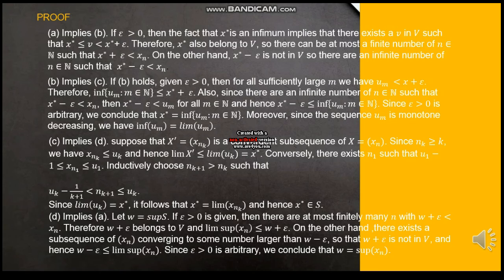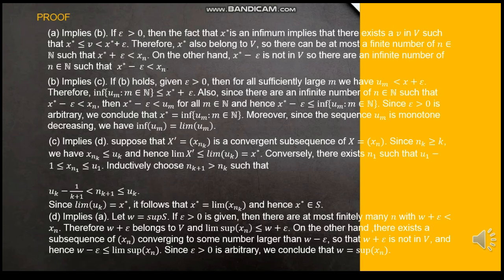B implies C. If B holds given epsilon greater than 0, then for all sufficiently large m, we have um less than x star plus epsilon. Therefore, the infimum where m element natural numbers is less than or equals x star plus epsilon.